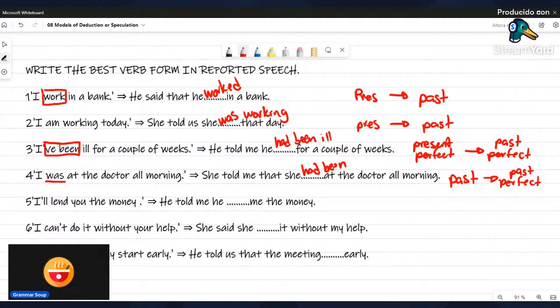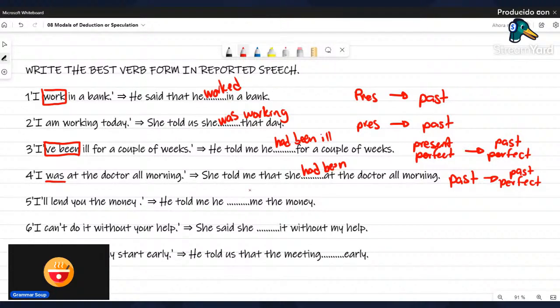And the last one, the meeting may start early, is the number 7. It says the meeting may start early. He told us that the meeting, and when it's may, you need to write might. Might start.